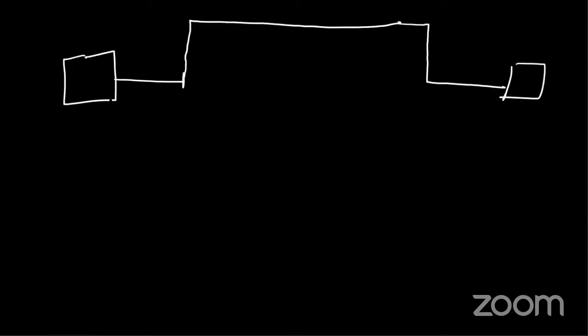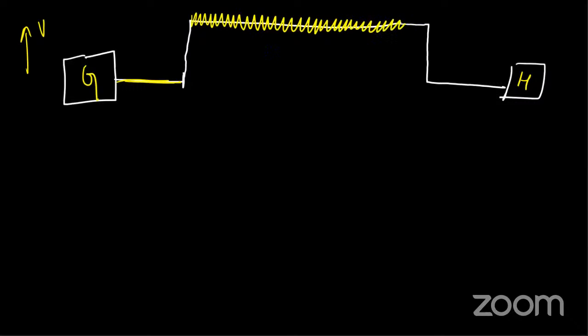So this is the point of generation. This is the house. This is the graph of voltage. There is low voltage at generation, but in the transmission wires, which you see on the road or near the railway station or the substation, they have high voltage, like tens of thousands of volts.